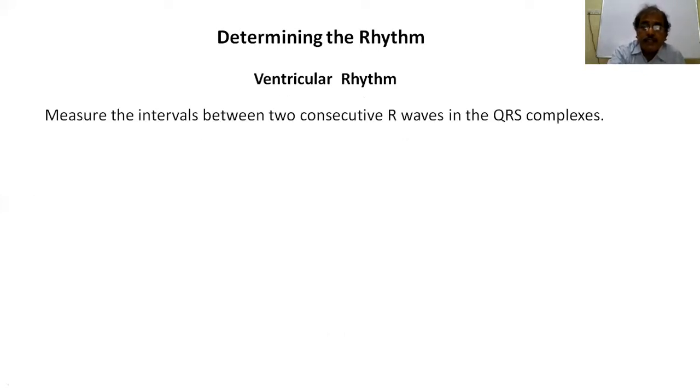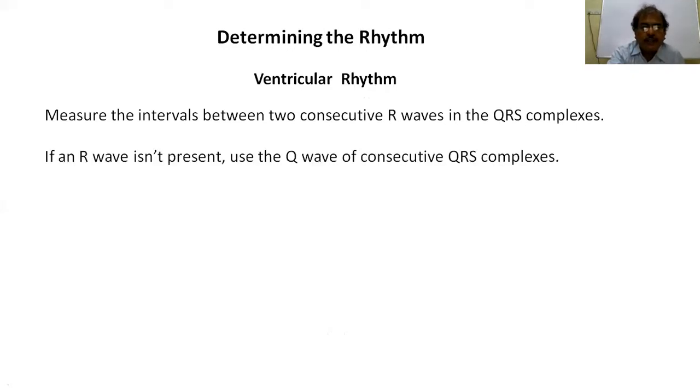Similarly, to know the ventricular rhythm, you have to measure 2 consecutive R waves in a QRS complex. If an R wave is not present, then you have to use the Q wave of consecutive QRS complexes. If the R wave is present, you take the R wave. If the R wave is not seen, look for the Q wave. If it is present, then you take 2 consecutive Q waves.